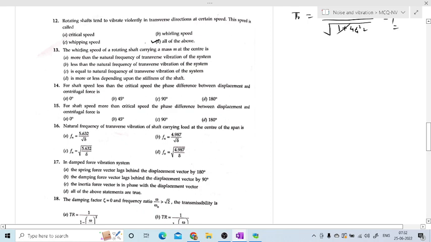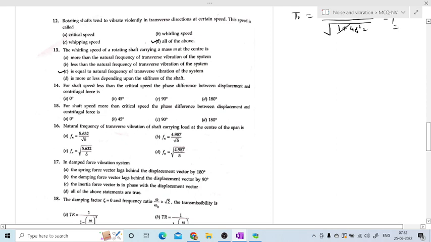So whirling speed means critical speed. When the shaft is rotating at the critical speed, it matches the natural frequency of the system. So the options are more than, less than, equal to natural frequency. When the natural frequency matches, that speed is called critical or whirling speed, meaning the speed should be equal to natural frequency. Okay, now next, 14.